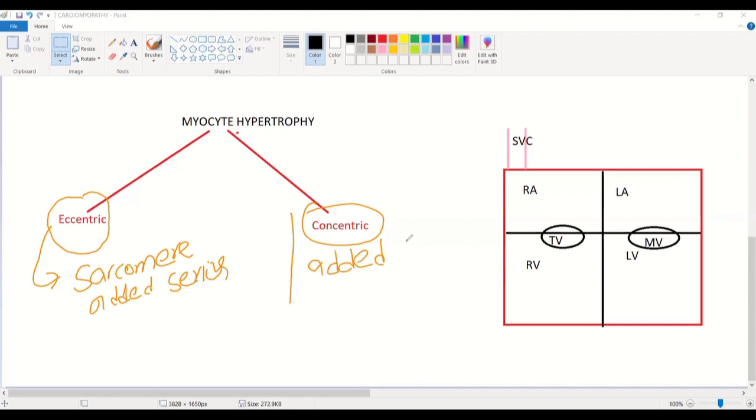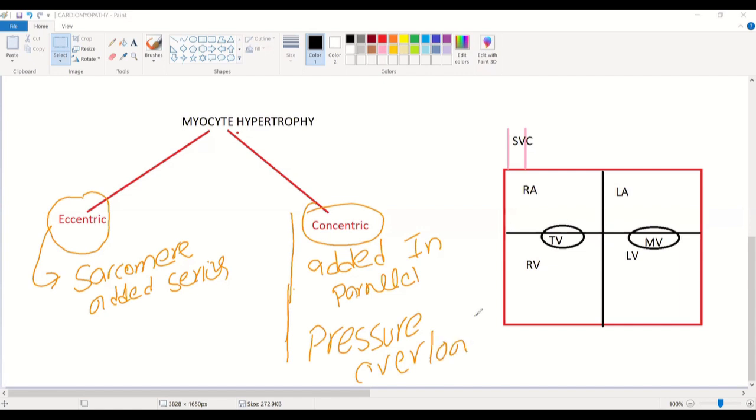This happens due to which cause? Pressure overload. And eccentric hypertrophy is due to the volume overload.